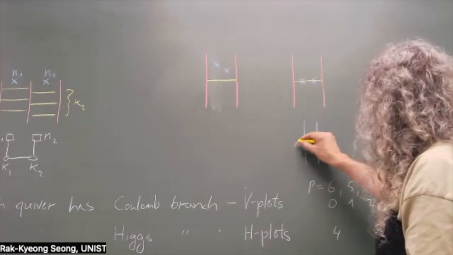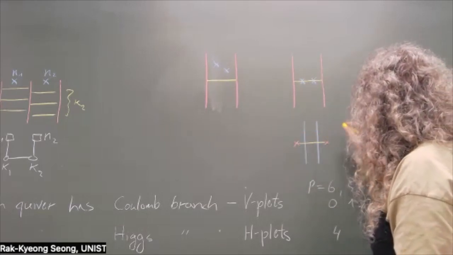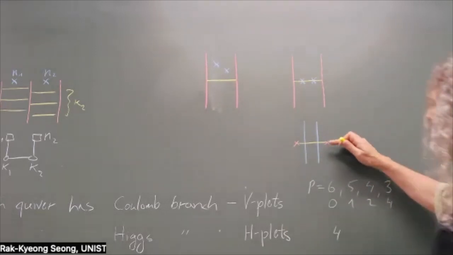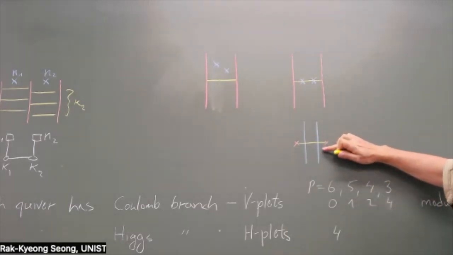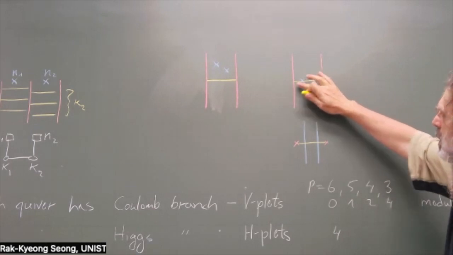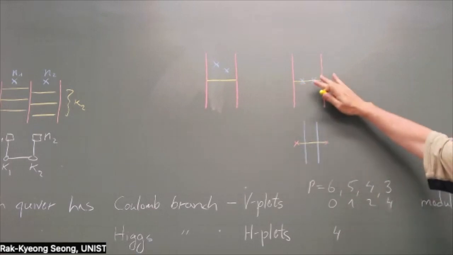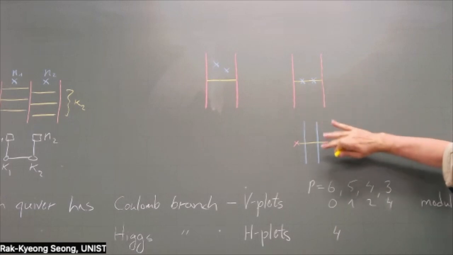And there is a three brane which comes across like that. Now I have three segments. There will be three segments here, three segments here. The same brane system, just a different projection.